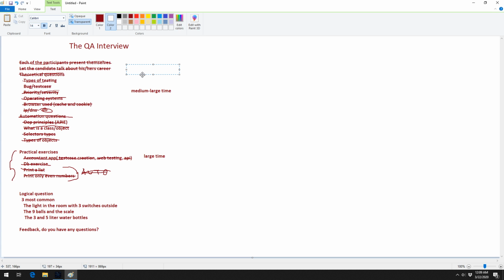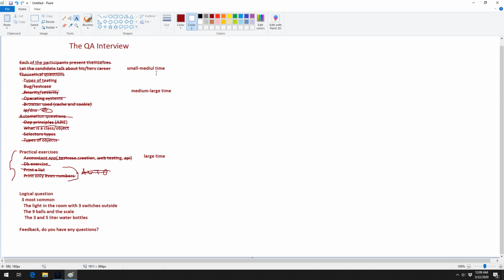This can be small, medium time. When I'm talking small, medium time, when let the candidate talk about his or her career, there are some candidates that really want to elaborate most of their career, but you should be aware of a subtle tactic that you can interrupt and focus him on the things that you are really interested in, because you are targeting somebody for a specific position most of the time, so you know what you're looking for.